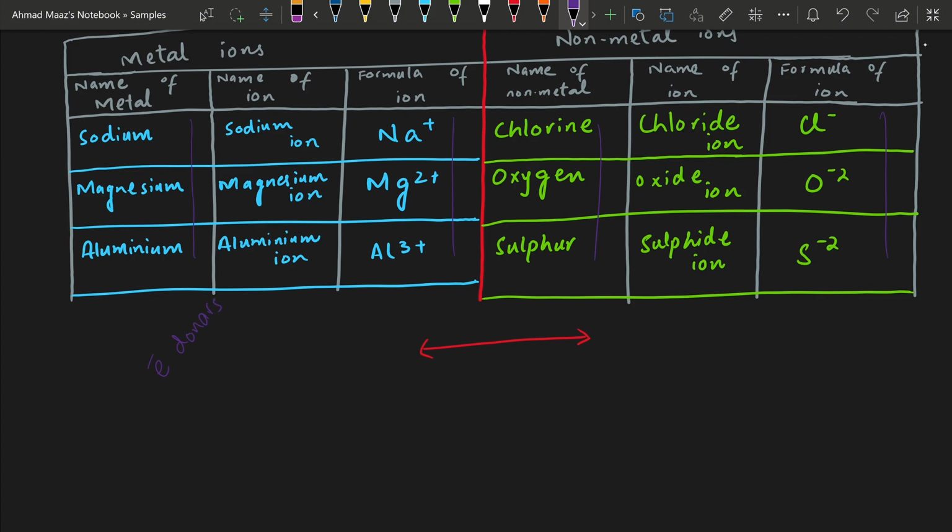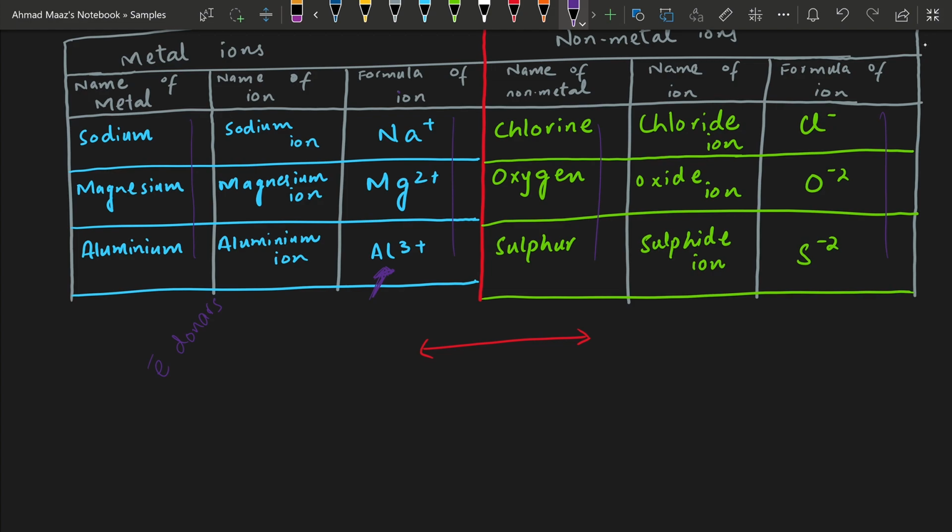They are usually on the left hand side of the periodic table. They have one or two or three electrons in their valence shell. It is easier for them to lose their electrons and attain the noble gas configuration, and they become stable ions then.